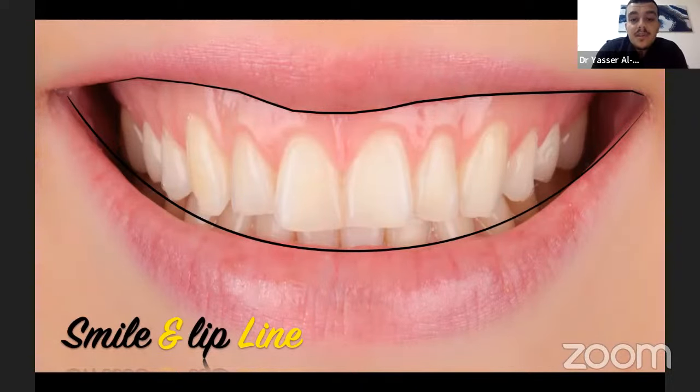The positive is the curvature of teeth, which means when we go posteriorly, the teeth decrease in length. So we obtain a curvature of the upper dental arch that is equal to the lower lip. That is the positive smile line.